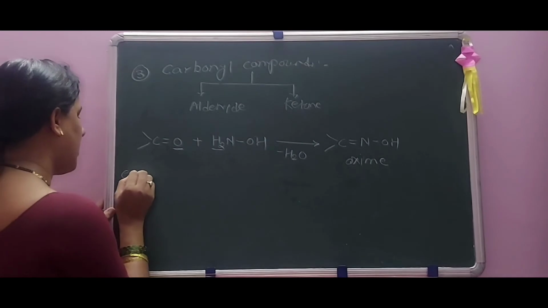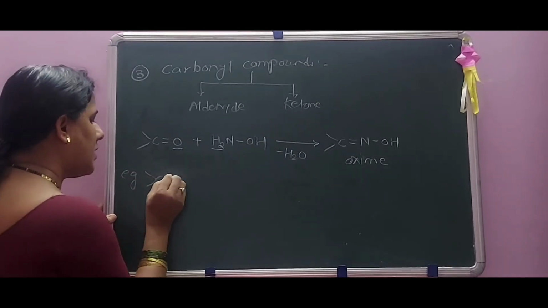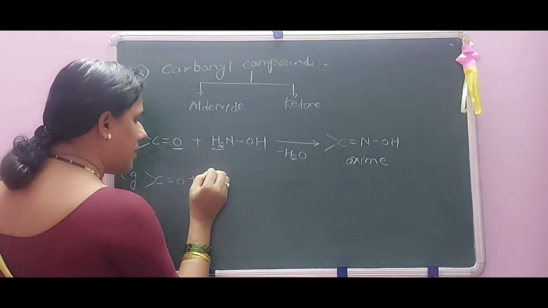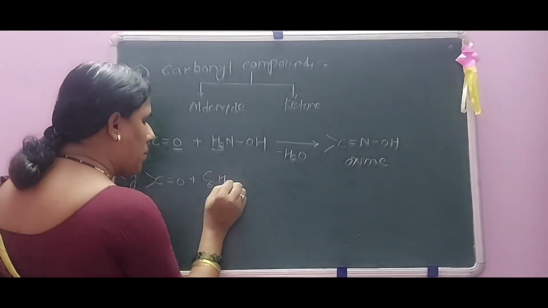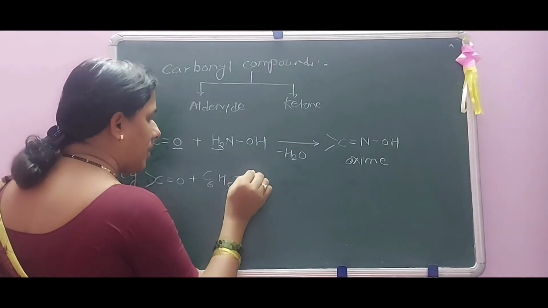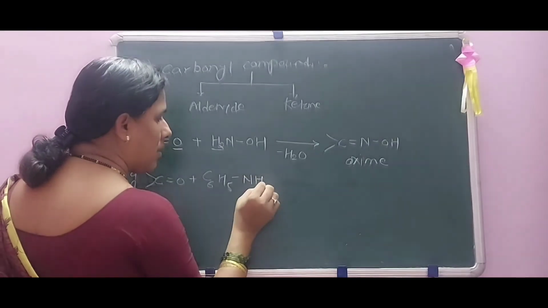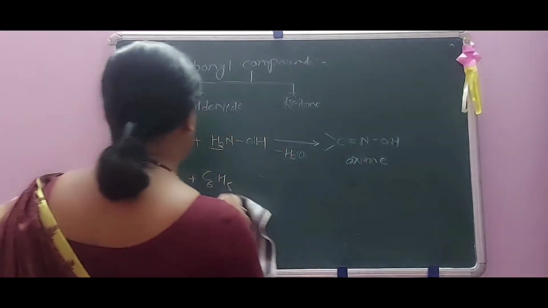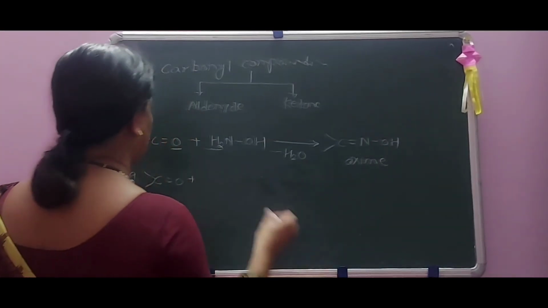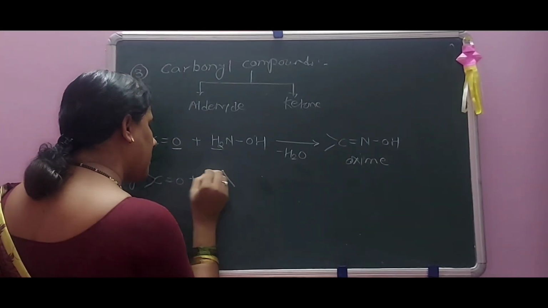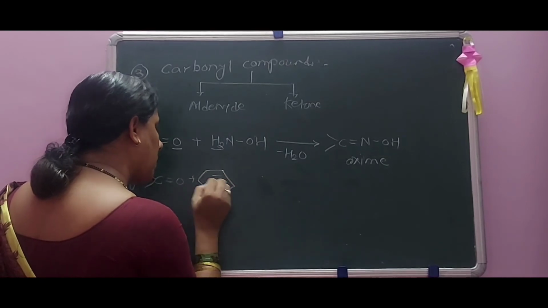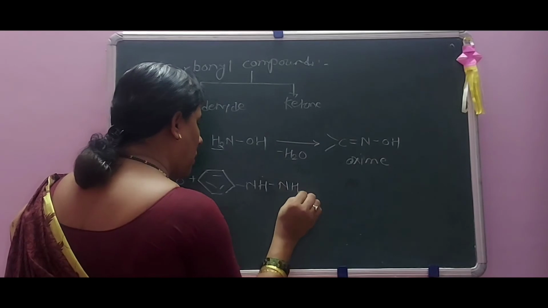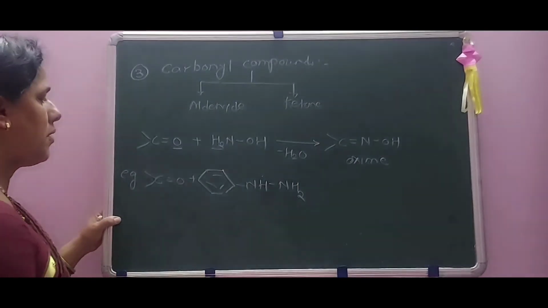For example, here C double bond O plus phenylhydrazine, that is C6H5 NH NH2. Again I am drawing the structure. Now what is the product here?